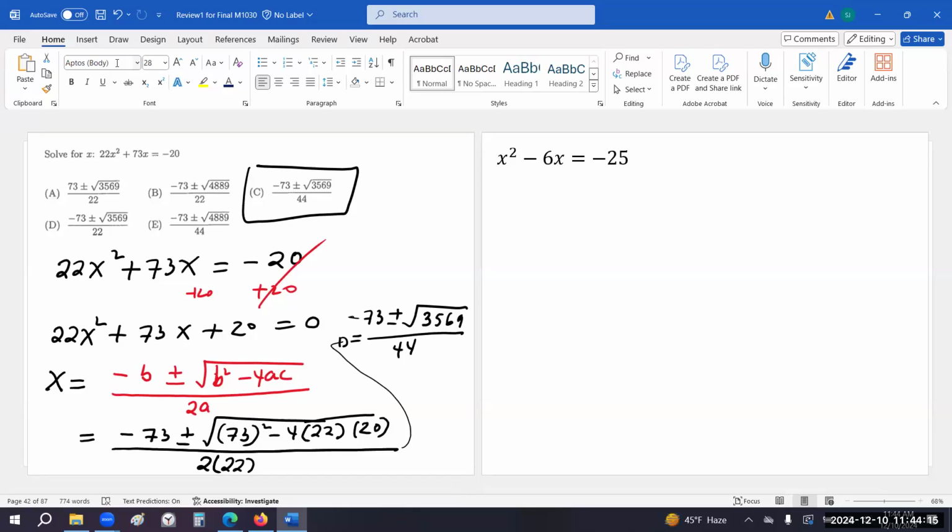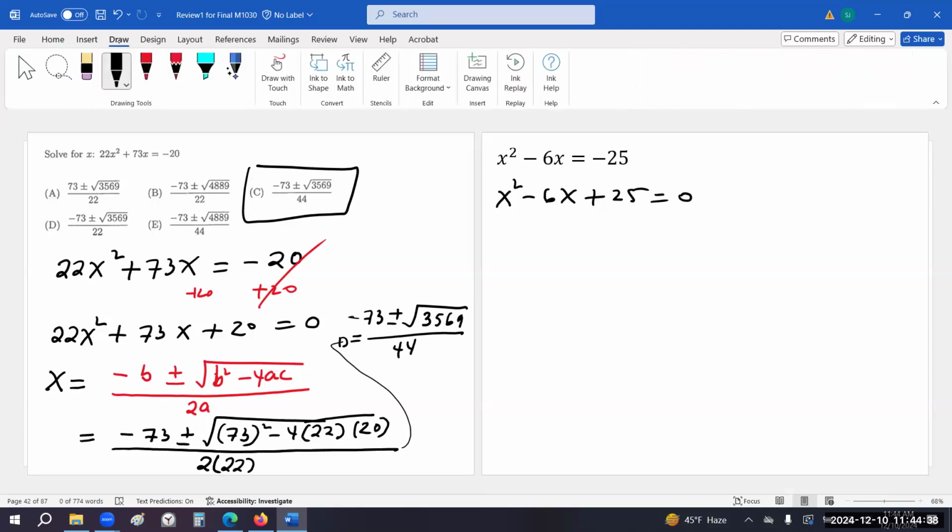We are still solving for x. So x squared minus 6x plus 25 equals 0. And do you want to refresh your memory with the complete the square method? If you do complete the square, then we actually don't need this step.